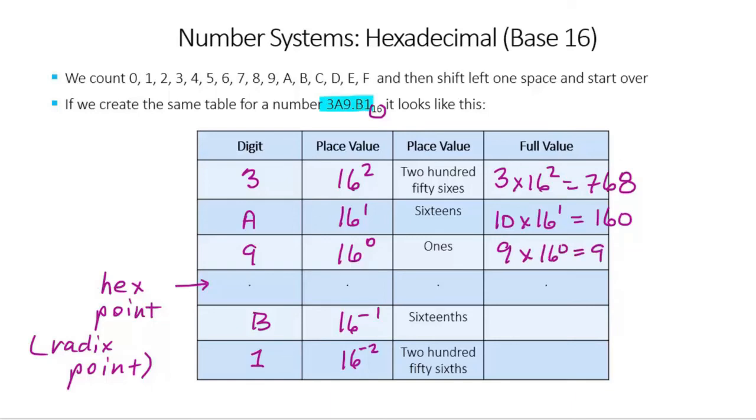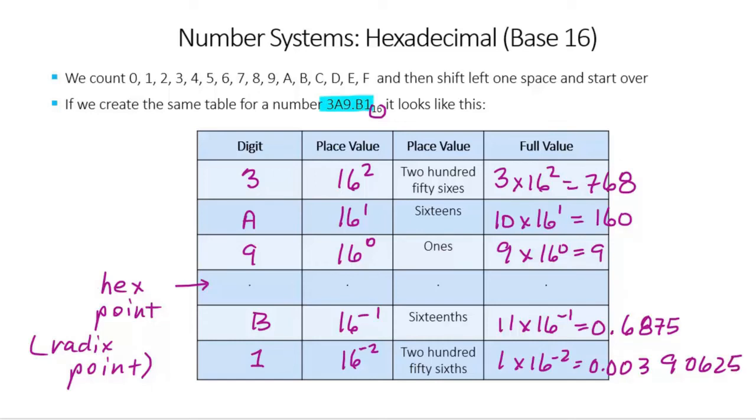Following the radix point, we've got B, or 11 groups of 16ths, 16 to the power of -1, for a total of 0.6875, and 1 times 16 to the -2 for a very small number, 0.0039065.